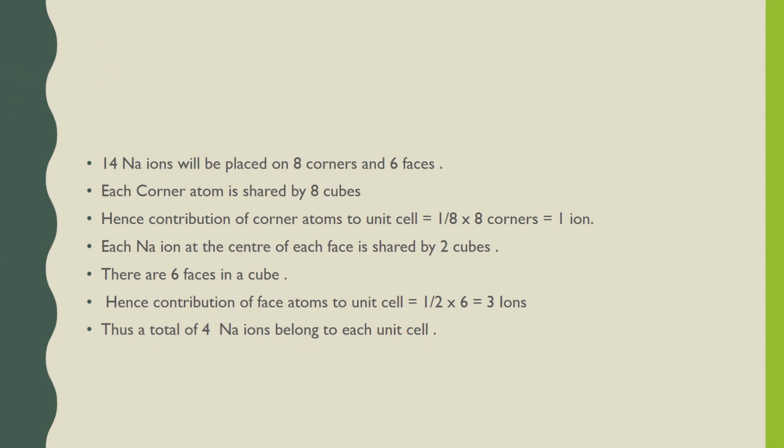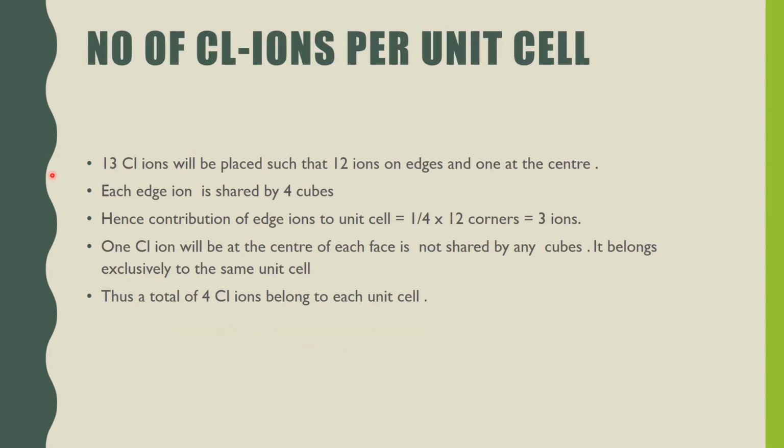Now let's see how the number of chloride ions per unit cell can be accounted for. So we know that there are 13 chloride ions and they will be placed in such a manner that the 12 edges of the cube will be occupied by 1 ion each.